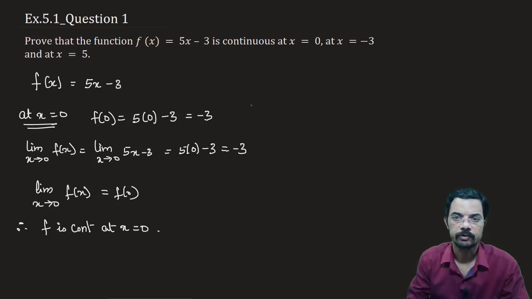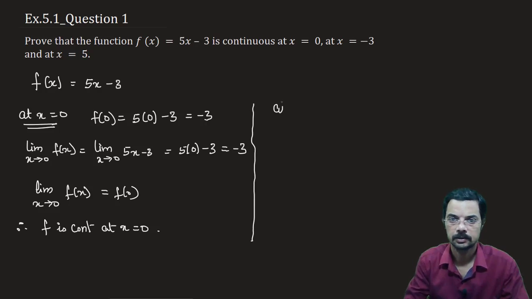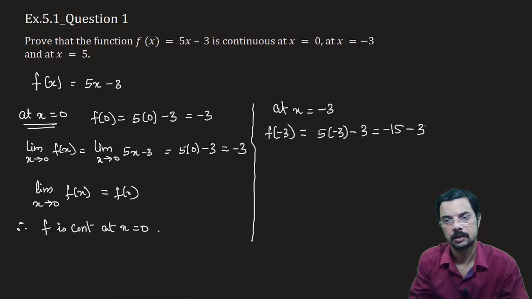Same way we can check for x equal to minus 3 and 5. So let us go for x equal to minus 3. At x equal to minus 3, f of minus 3 will be equal to 5 into minus 3 minus 3, that is minus 15 minus 3, which is equal to minus 18.